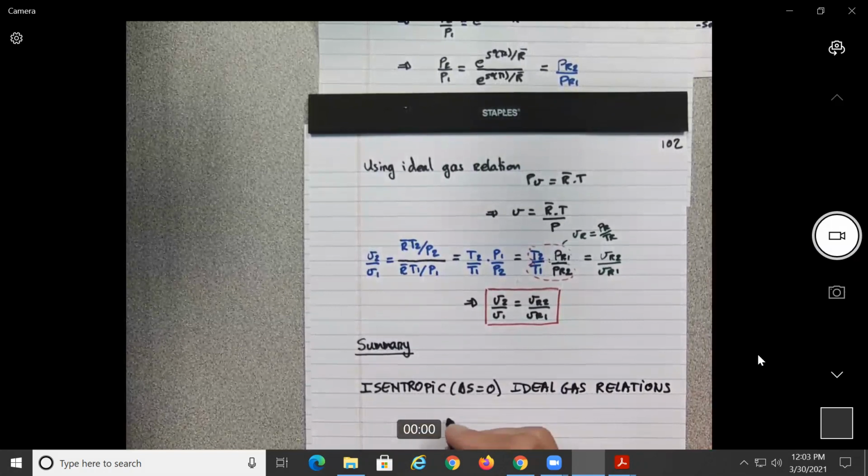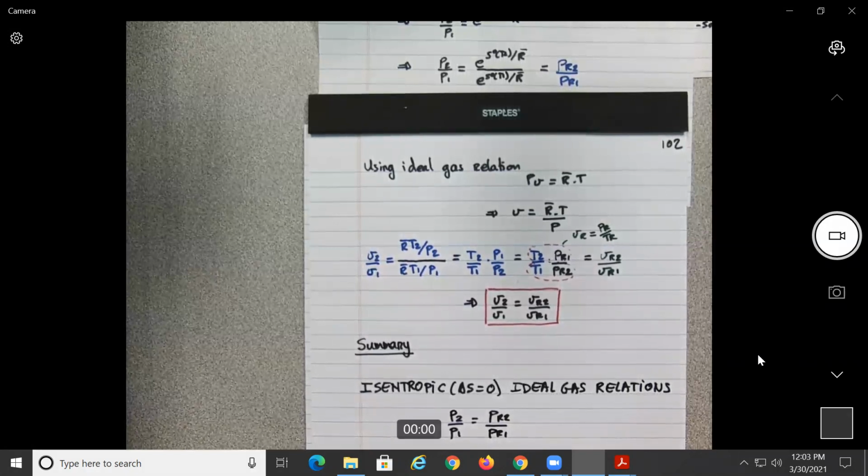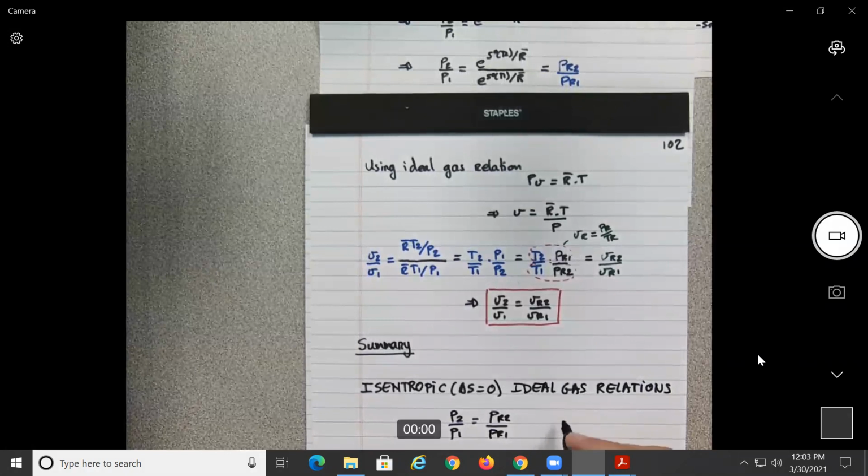Then you can use the relation P2 over P1 equal to PR2 over PR1. Or you can use the relation for specific volumes, V2 over V1 equal to VR2 over VR1.